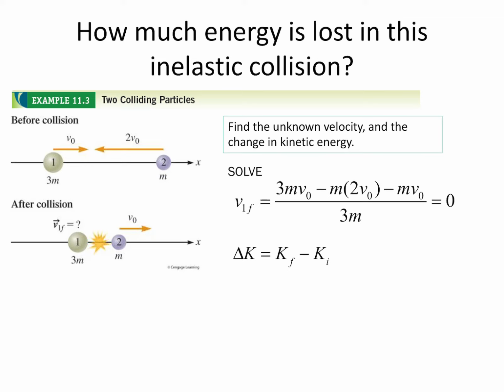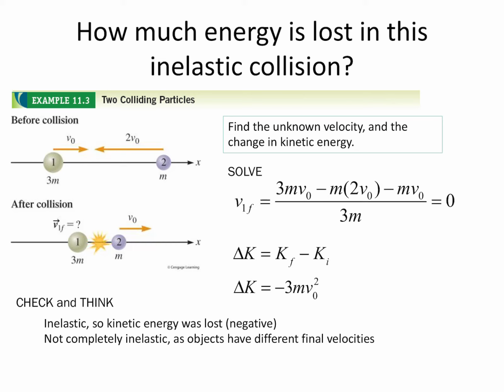And then it asks what the change of kinetic energy is for this collision. So you just calculate the initial kinetic energy of the system. What would be the initial kinetic energy of the system? Ki is 1/2 m (2v0) squared plus 1/2 3m v0 squared.